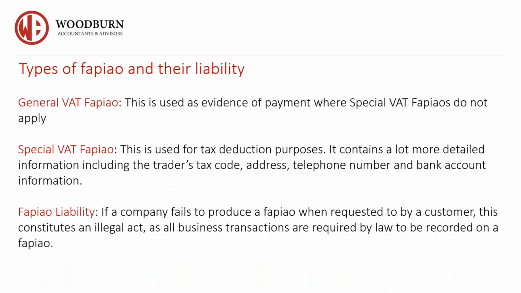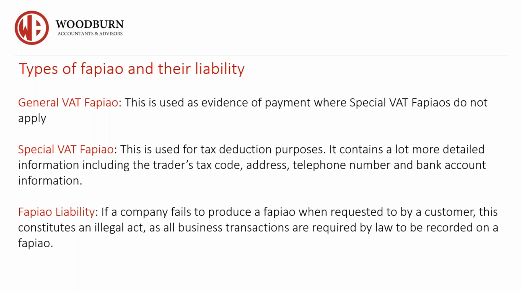Now let's look at the definition of the Fapiaos and their liability. A Fapiao is a legal receipt that serves as proof of the purchase of any goods or services. The larger Fapiao invoicing system is an essential component of the tax law in China, and it does require a lot of compliance by companies.